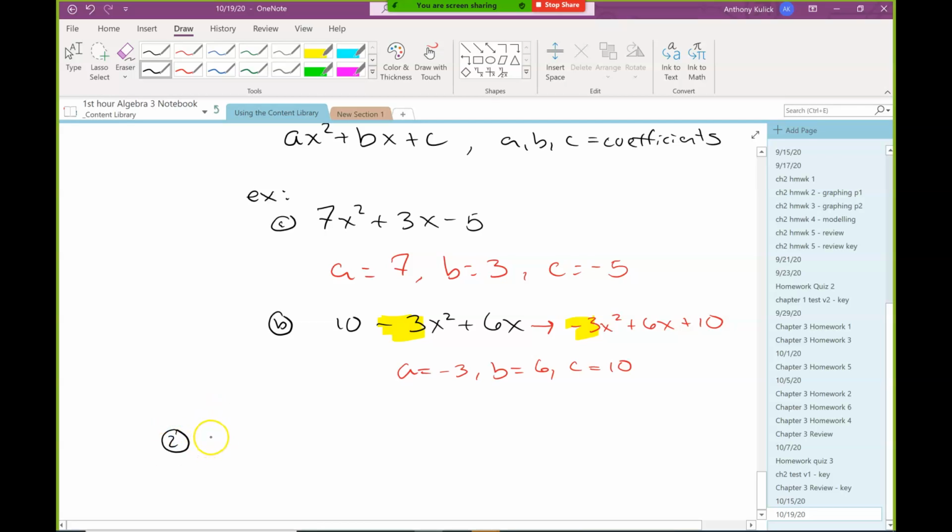The next one is called factored form, or sometimes we'll call this intercept form. We'll talk about why we might call it that later.